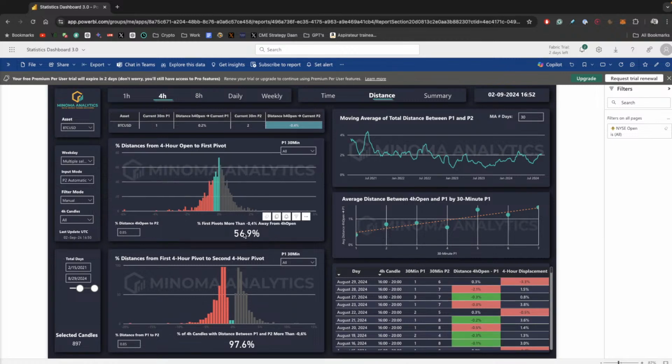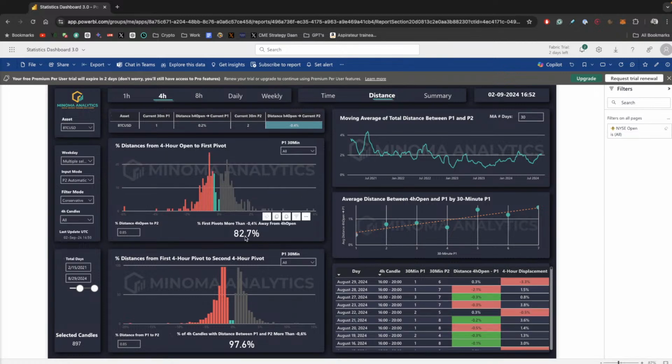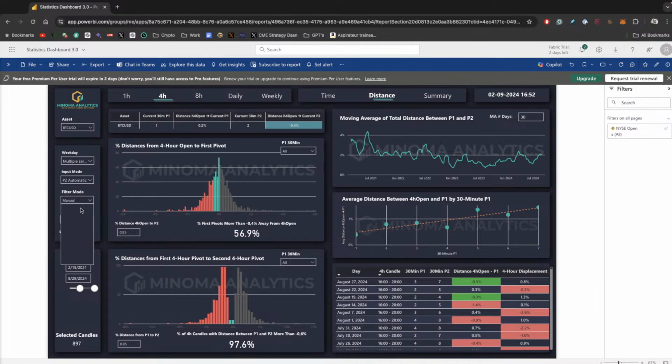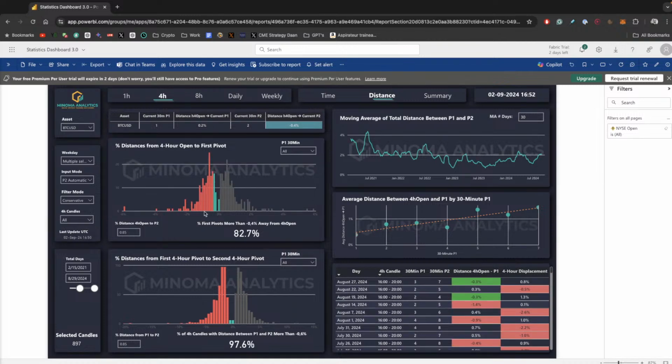And you can see the difference it makes, right? 56.9 to 82.7. I also definitely have to do some forward testing on how well this works, but I have a hunch that this might actually work pretty well to do no filtering at all, especially in certain conditions. But if you're not sure, conservative is definitely a good way to go.